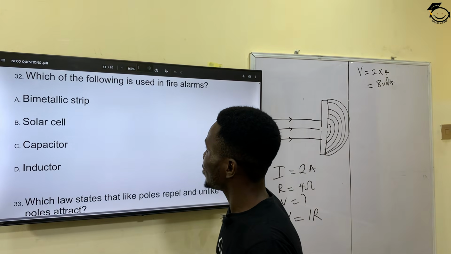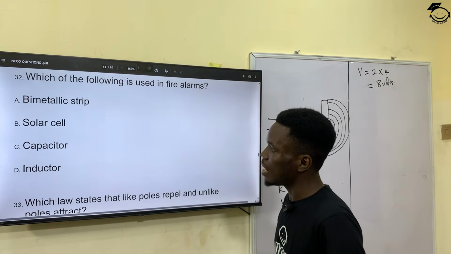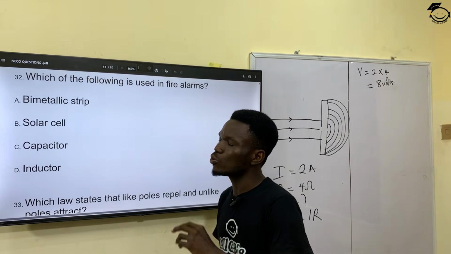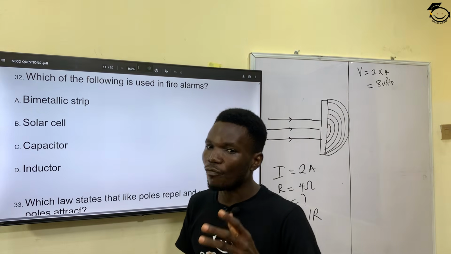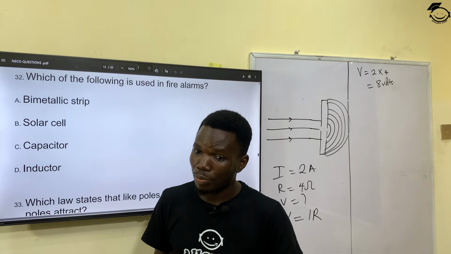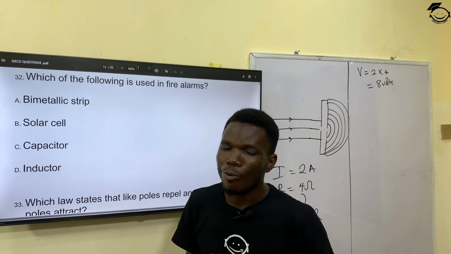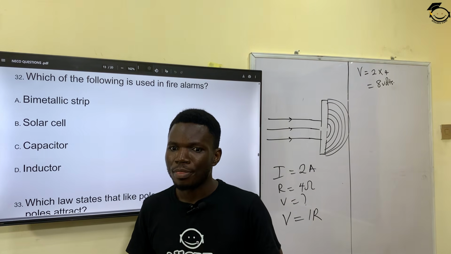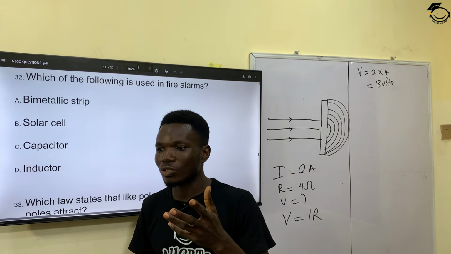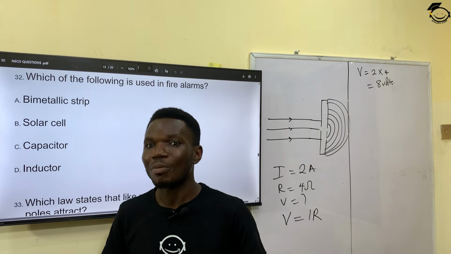So that takes us to question number 32, which says, which of the following is used in fire alarms? Fire alarms are devices or apparatus that are set up in buildings that will detect when there is fire, so that the persons within the buildings can come out of the buildings.